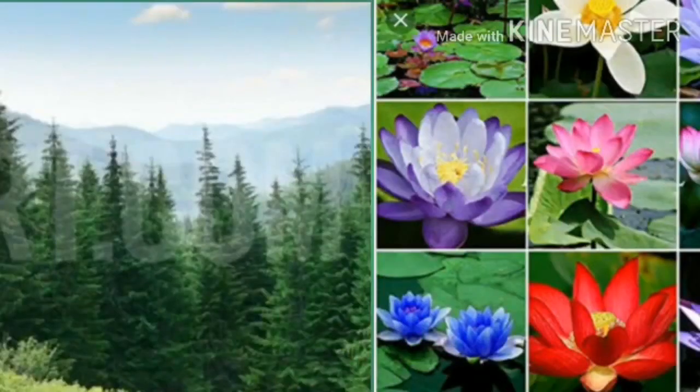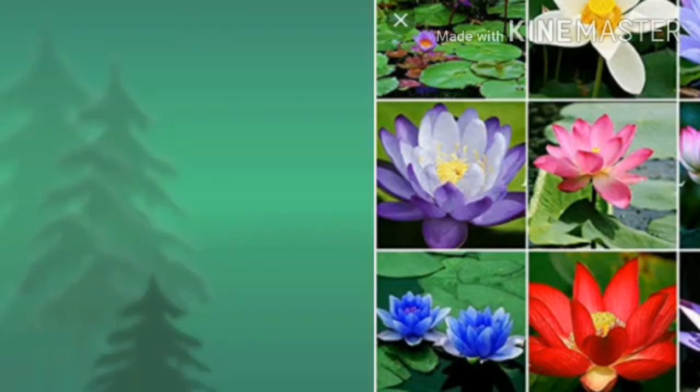According to the habitat, we can divide plants into two groups. The first one is terrestrial plants and the second one is aquatic plants.